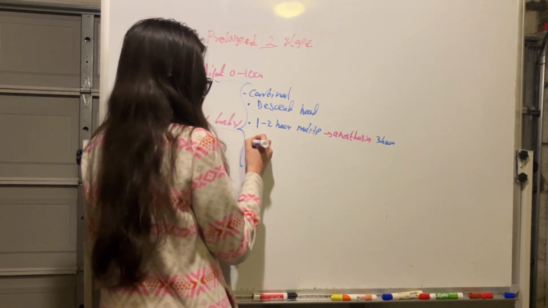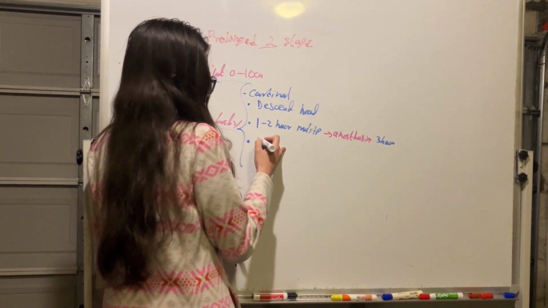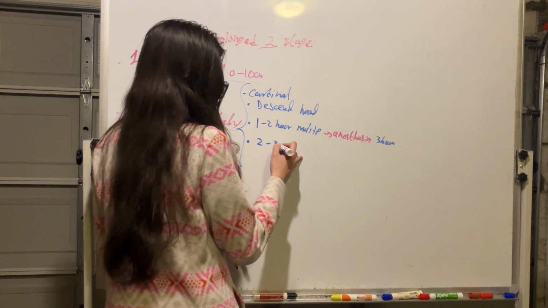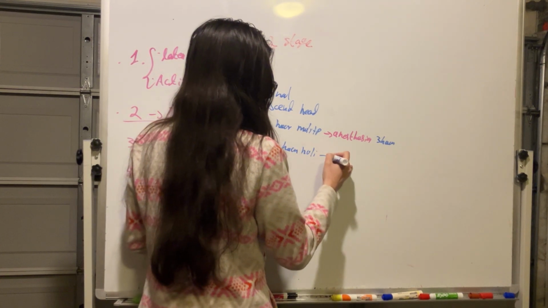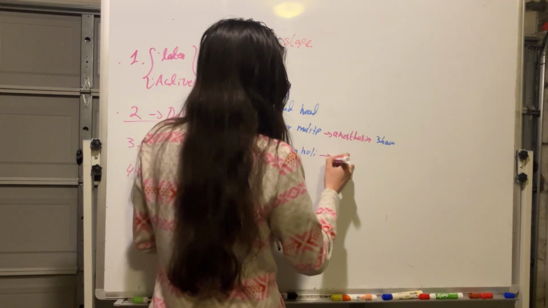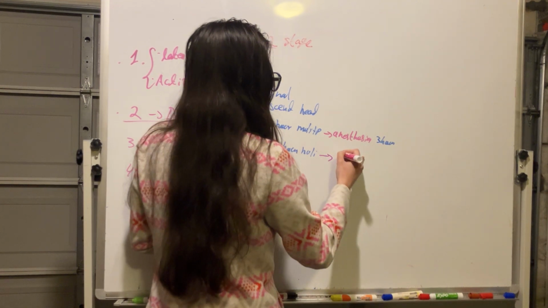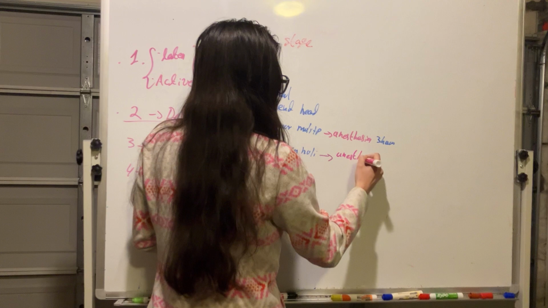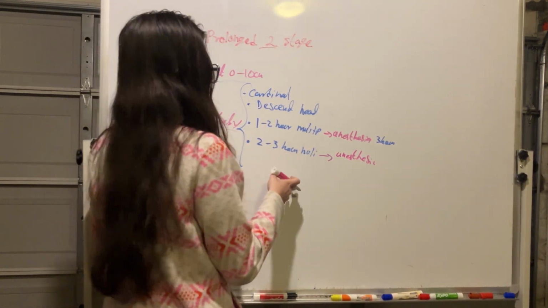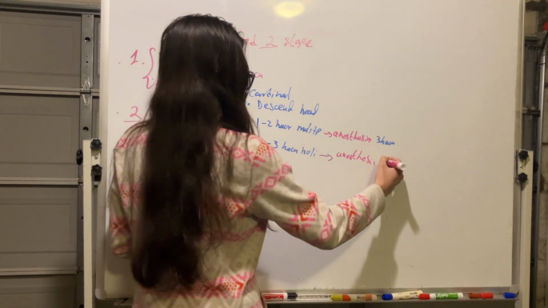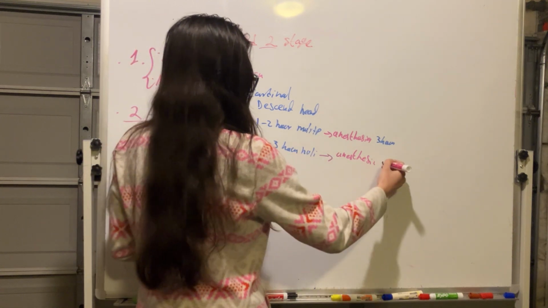If this is a nulliparous woman, this is 2-3 hours duration, but if she is receiving anesthesia, then we add an additional hour to this, and so the normal duration for a nulliparous woman for stage 2 of labor is 3 or 4 hours.